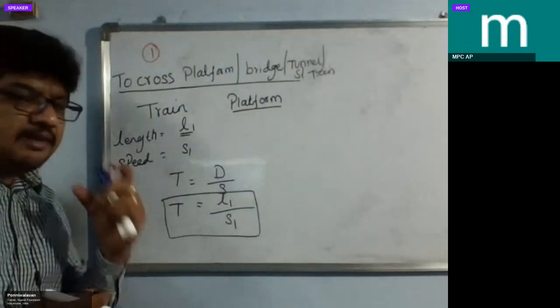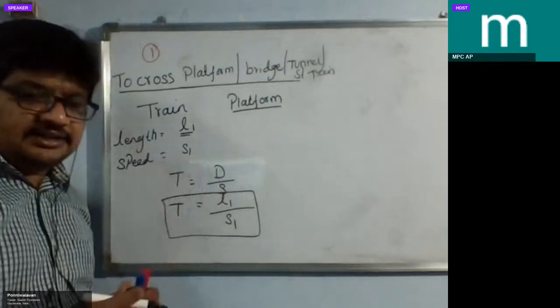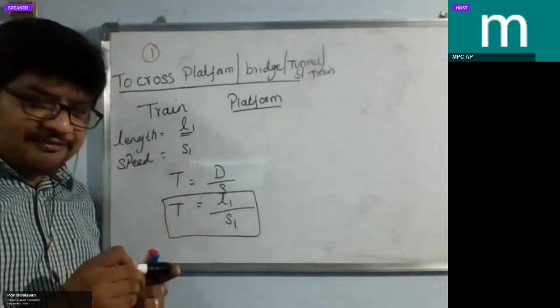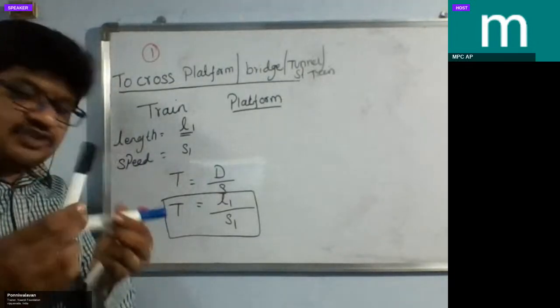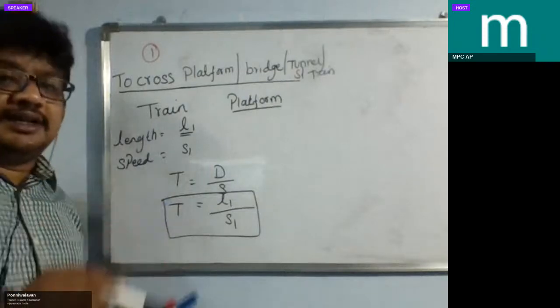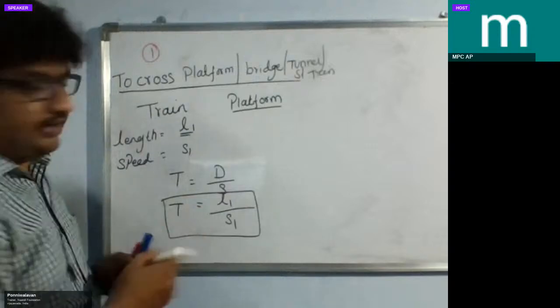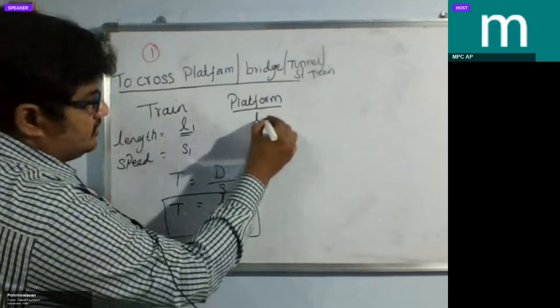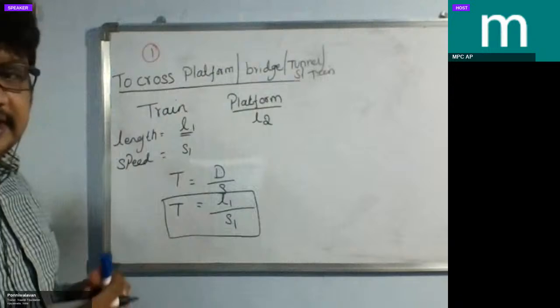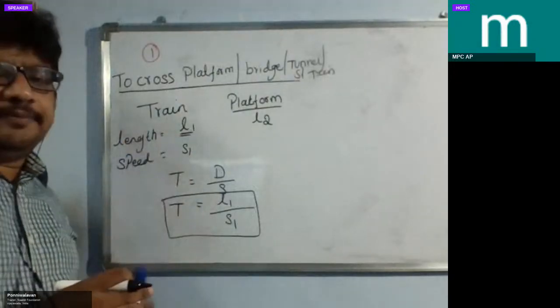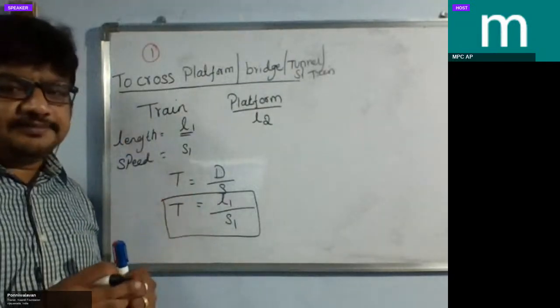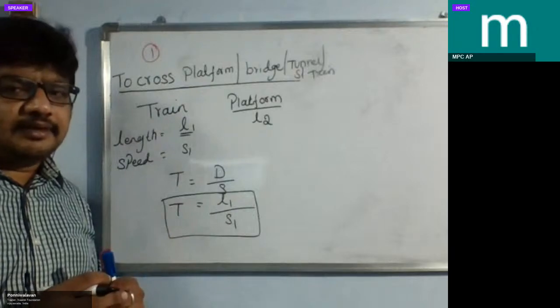Does the platform have a length? Actually, a platform will have more length than the train. In general, a platform must have more length than a train. So it has a length L2. Does the platform have a speed? No.